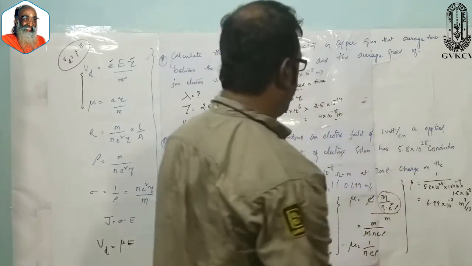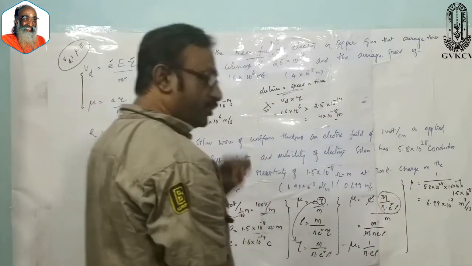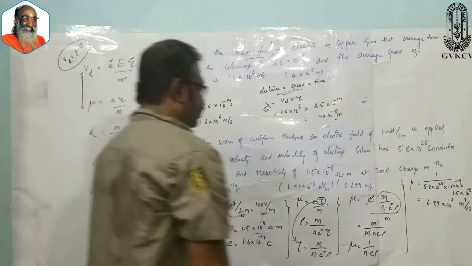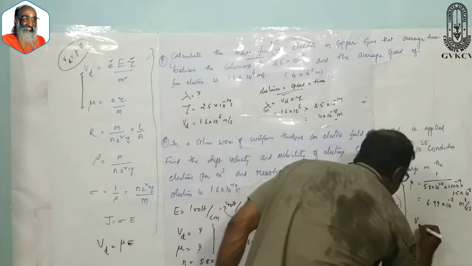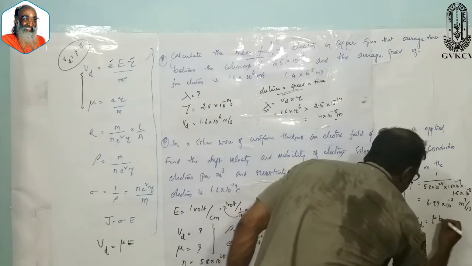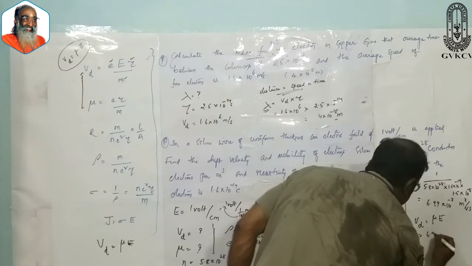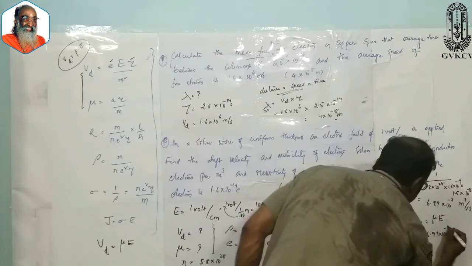After getting mu, your problem became easier. Now just go on to finding Vd. Vd is equal to mu E. So Vd is equal to mu. We have calculated here 6.99 into 10 power minus 3, and E is how much we are having? 100 volt per meter.